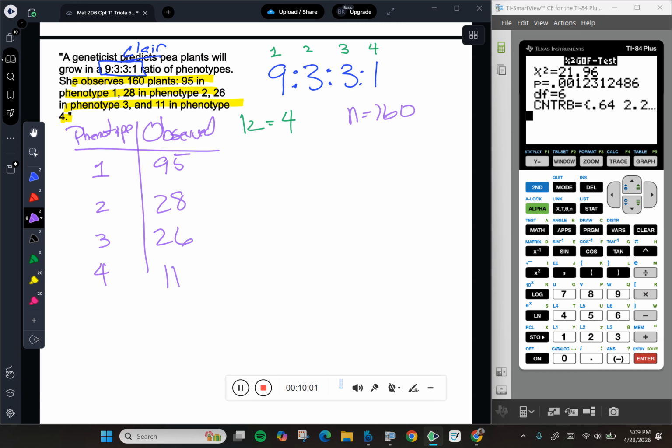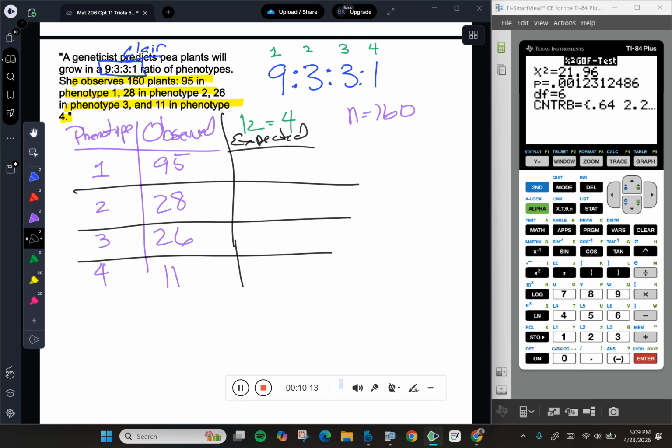Now, I also know that when I did this, I put another column over here and called it the expected. So I need to figure out what is the expected number of all of these. Well, here's where things get a little bit tricky, and I'm hoping you can follow me.